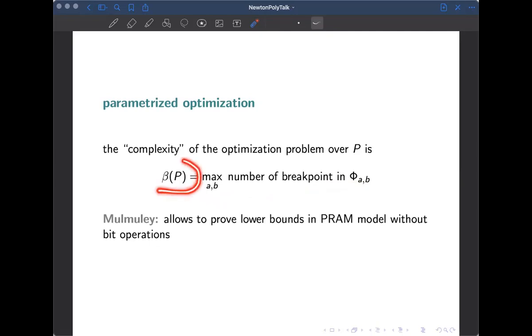This is the complexity measure associated with P, the number of breakpoints in P. And this is another complexity measure that is associated with a polytope P. It was used by Mulmuley, for example, to prove lower bounds in some concrete computational model, the model of PRAM without bit operations.